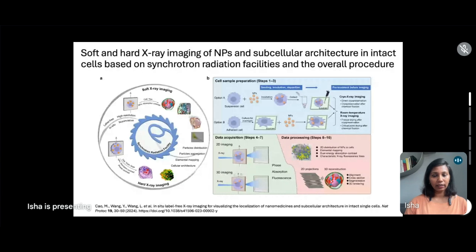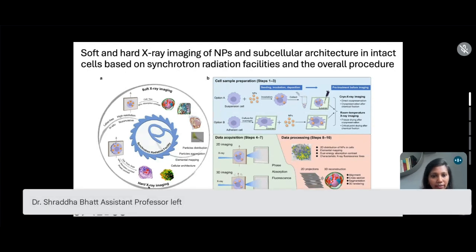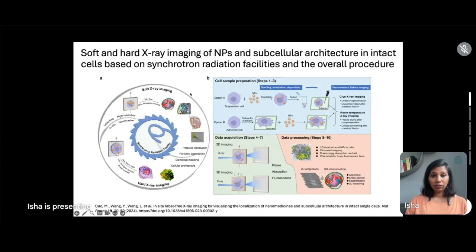What can you do about that? You can decide to do hard X-ray imaging, or soft X-ray imaging. You do hard X-ray imaging to see how thick the cells are, where exactly the nanoparticles are located, and how they interact with the cellular architecture.